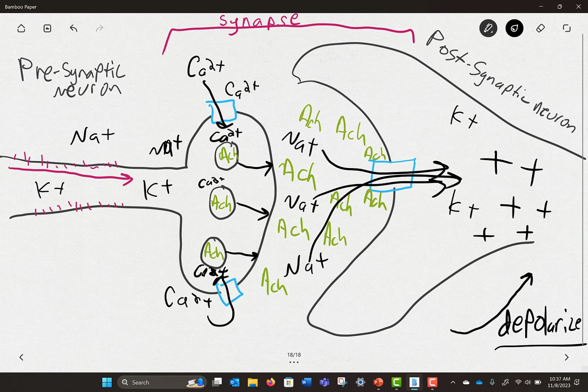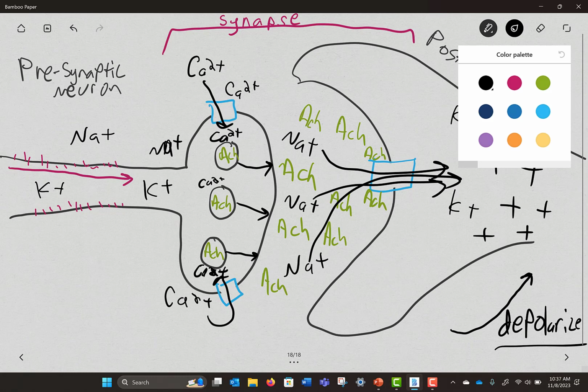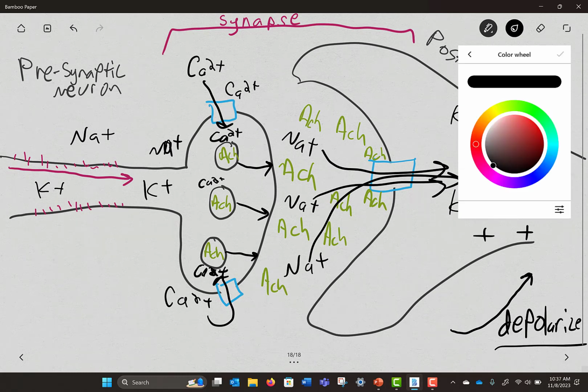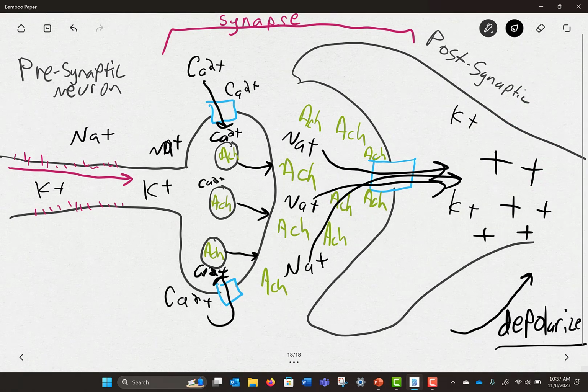So when that happens, when the presynaptic neuron causes the postsynaptic neuron to depolarize and become more likely to send an action potential, we call that excitation. We are exciting the postsynaptic neuron.